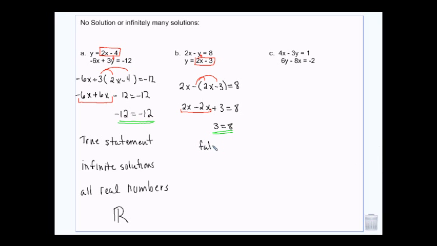This is a false statement. If I get a false statement, there are no solutions. Or you could make that symbol. That symbol symbolizes the null set or the empty set, which means there's nothing in it, which means there's no solutions.